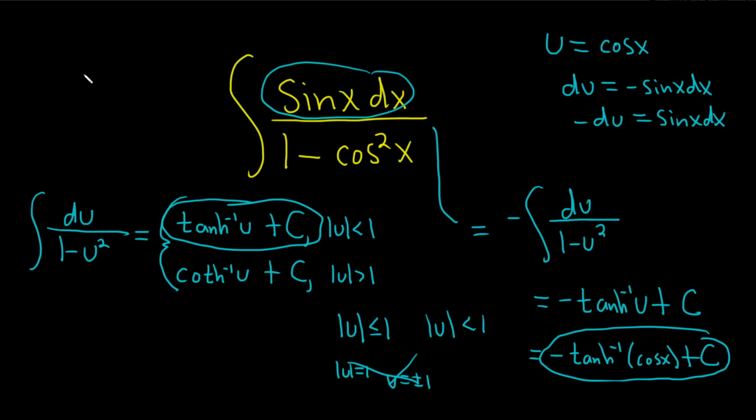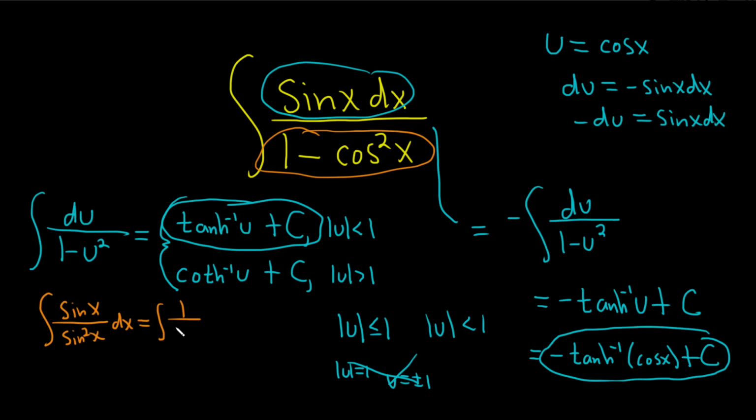Again, another way to do it, let me just show you really quickly, would be to realize that 1 minus cosine squared is sine squared. So you would start it like this. Sine squared x is a little bit easier. And then sine over sine squared is 1 over sine x, like this.